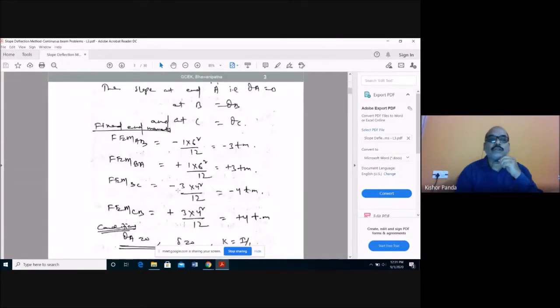So the fixed end moment FEM BC is minus 3 into 4 square by 12, so this is minus 4 ton meter. And FEM CB is equal to plus 3 into 4 square by 12, so this is plus 4 ton meter. Then you know the conditions theta is 0, delta is 0, and K, the relative stiffness of the member, is equal to I by L.